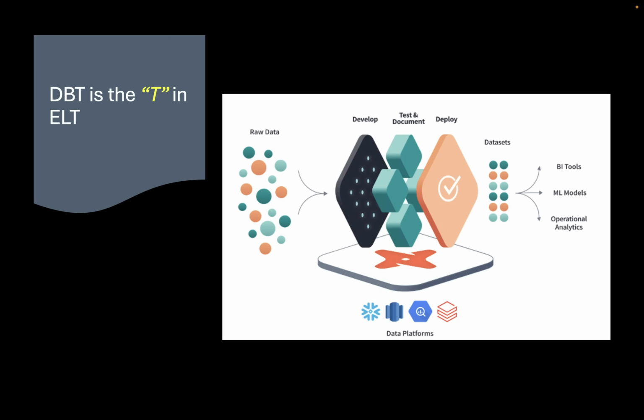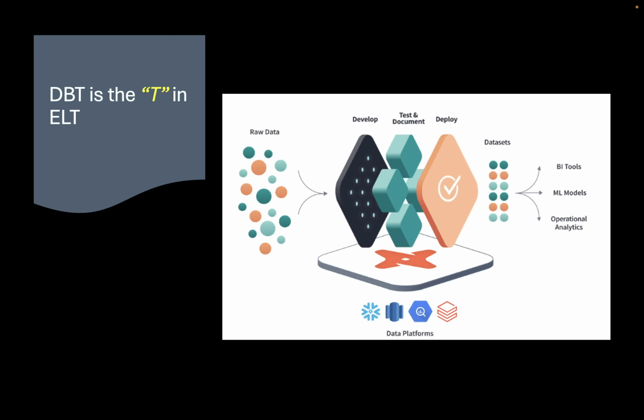Again, you bring your data into your data warehouse, and then from there dbt takes over. This is very important if you are confused about where dbt fits in the T of your ETL or ELT process, because for folks who are new to dbt, you are kind of wondering why you need dbt and all of that. Again, dbt is the transformation tool. You cannot use it to load your data. If somebody tells you, we have this dbt tool, and you wonder, can I use it to ingest my data?